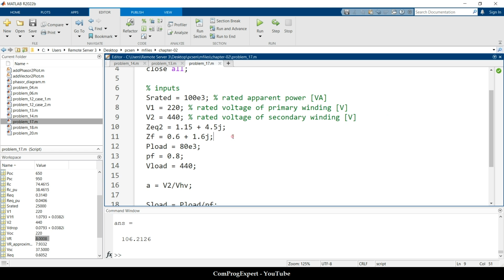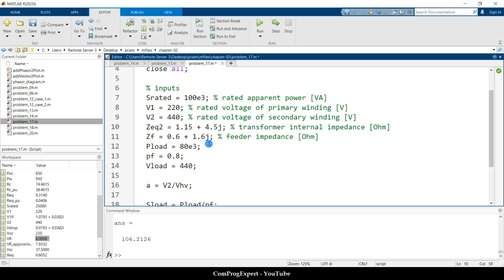This is the impedance of the feeder. Yes, feeder impedance. The unit is ohm. This is the transformer internal impedance. Internal impedance, right? The unit is ohm.